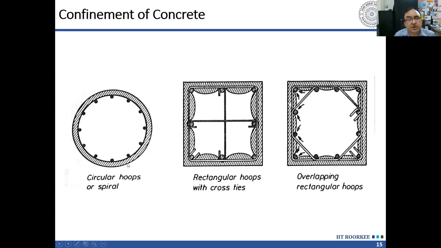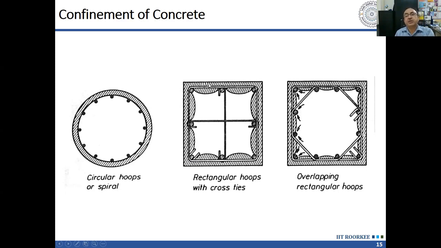The shape of a circular section is such that if we apply a radial pressure, it causes only tension. No bending is there. Our bar has very little strength in bending, but it has good strength in tension. So it will try to achieve a circular shape by bending so that it can resist this radial pressure. When it is bending, the confinement in the central portion will be lost.